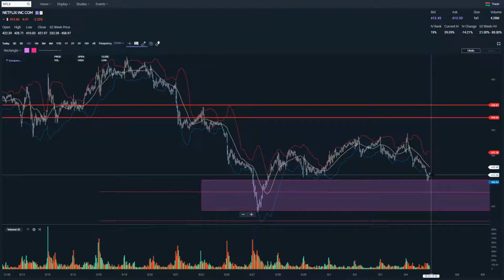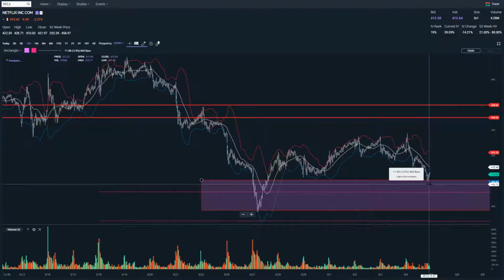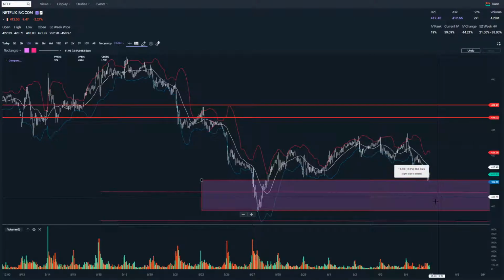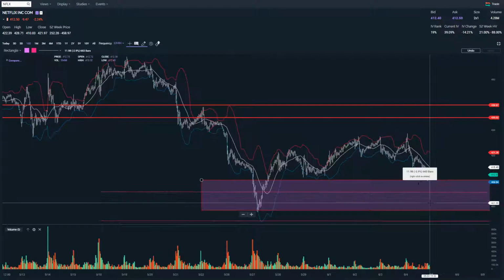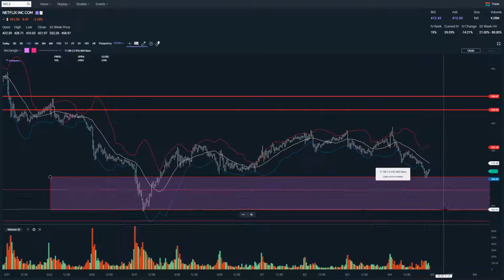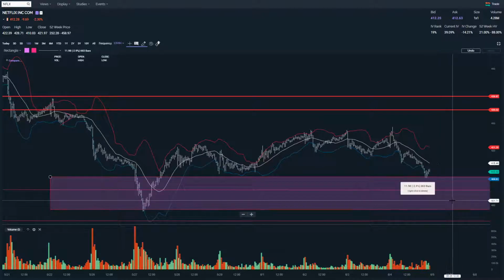It'll be nice if price just rockets down below, but that is low probability. What's high probability is you're going to see strength here, and if the strength gets stronger and stronger as we go down, or washes this pivot and you see lots of strength, I'm probably going to just exit the position.